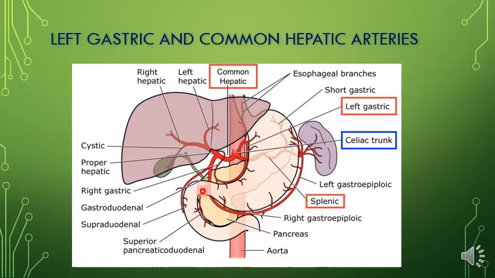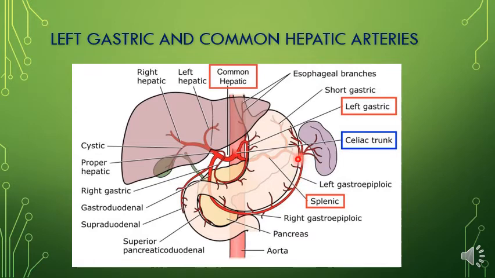So this right gastroepiploic artery passes towards the left side close to the greater curvature of the stomach, and within the two layers of the anterior part of the greater omentum, and then anastomoses with the left gastroepiploic, which is a branch of the splenic artery.